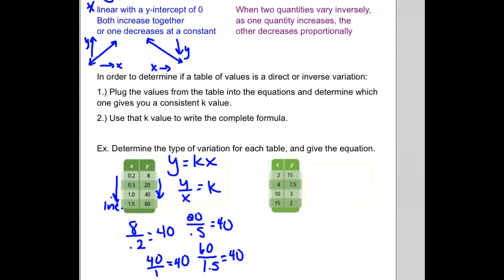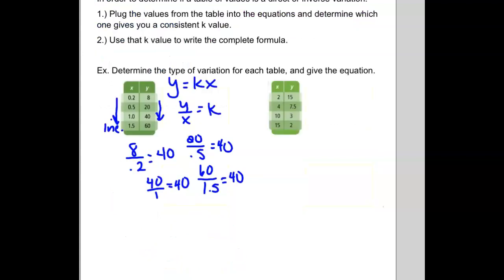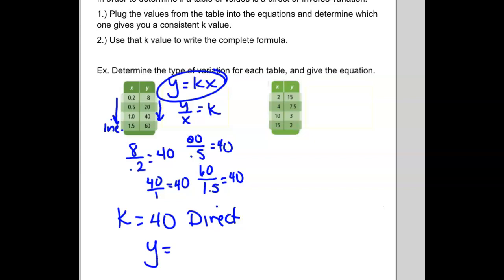So because we're getting a consistent answer for k, k would be 40. It is a direct variation, which means it has to fit the equation y equals k times x. So we can plug in our k value of 40 and say that y equals 40x is the equation that fits that table of values.